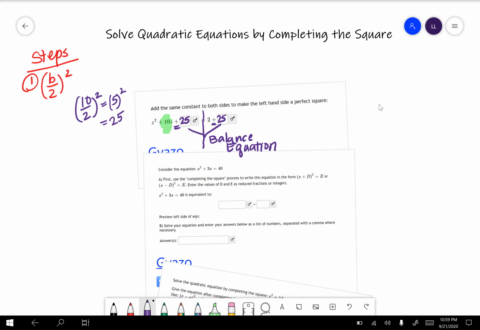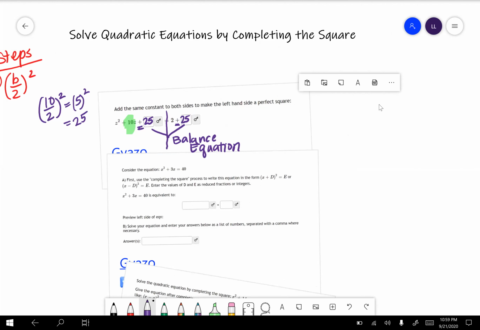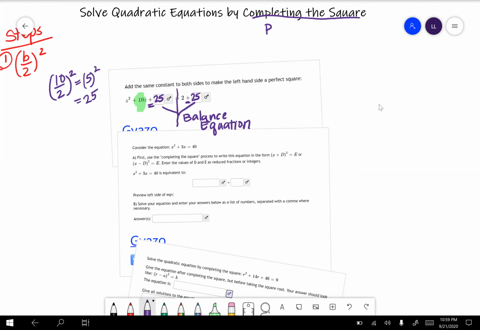We learned before that completing the square creates perfect square trinomials. And a perfect square trinomial can be factored like this.